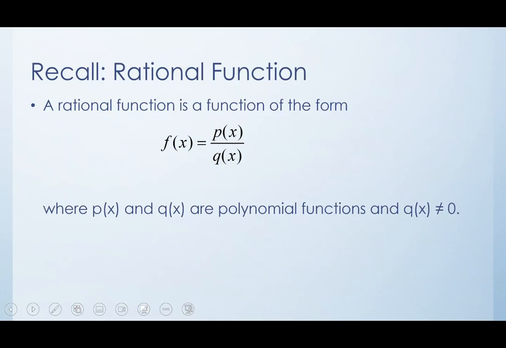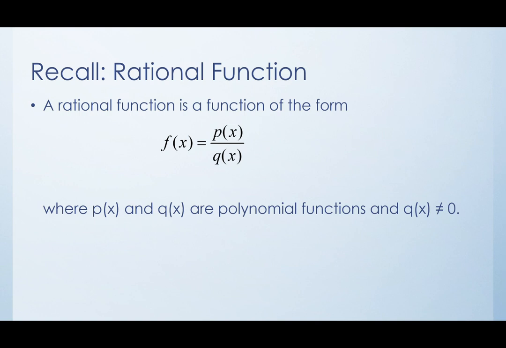Okay, so as you may remember, a rational function is a function of the form f of x equals p of x over q of x. So it is a quotient of polynomials. We've been spending a lot of time with polynomials recently, so those parts aren't anything to be worried about.